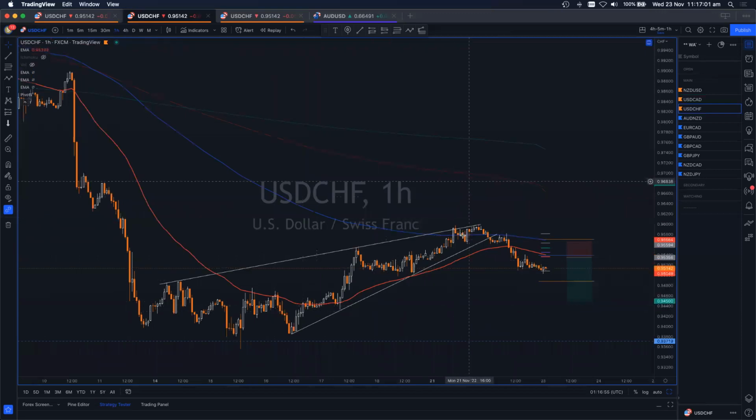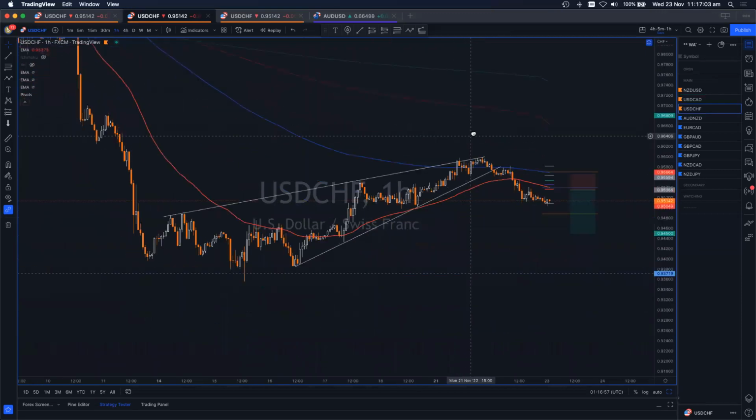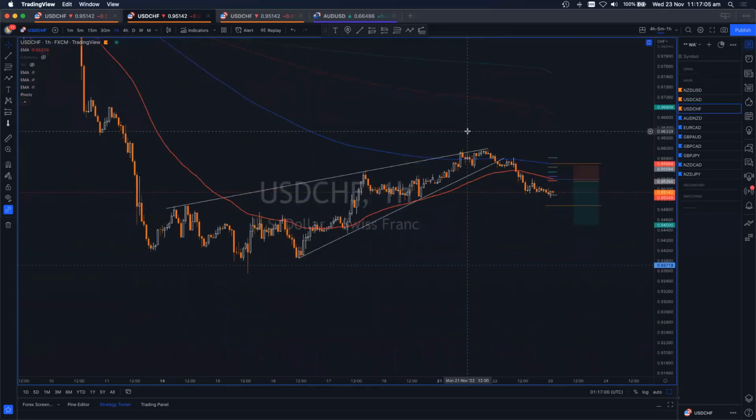A nice ACB yesterday, which I pointed out, and had you entered that played out really nicely. Entered about here somewhere, stop up here, and then you could be aiming for these lows, and that could be a nice little trade. Now we have a break below the 1 hour 50.